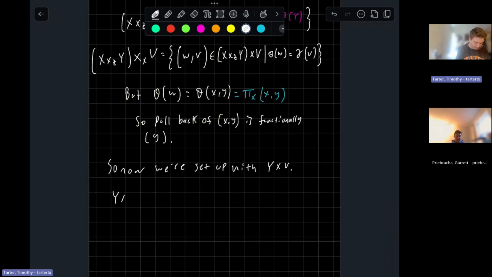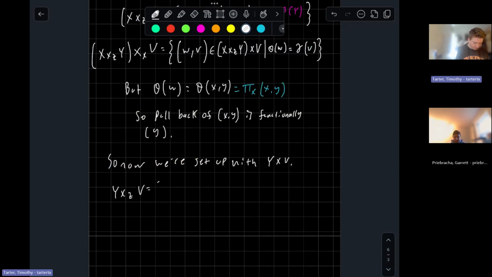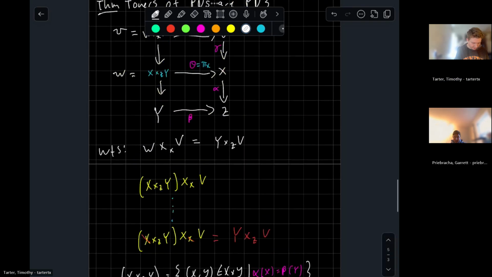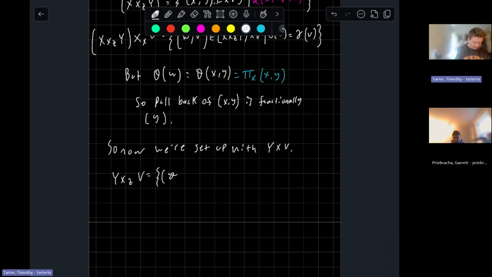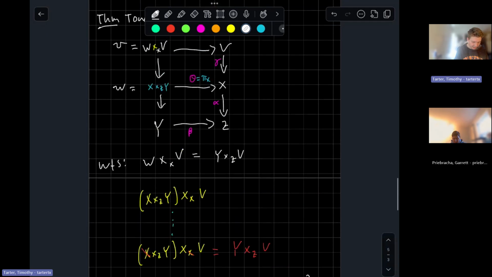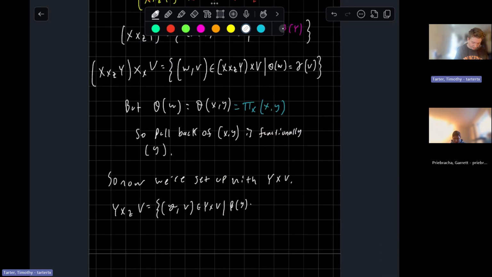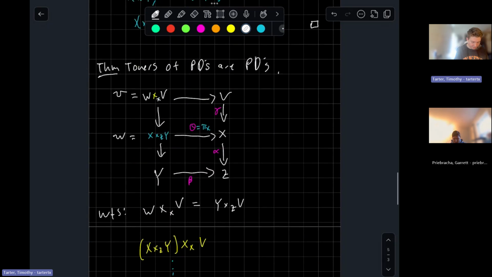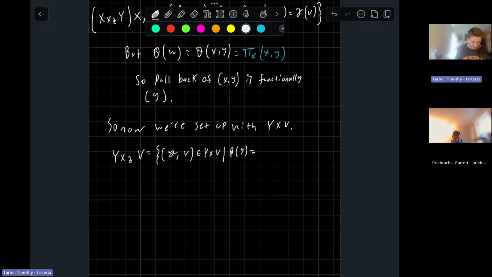So the product of y through z with v is the set of all of the y's, which we're guaranteed to have, comma v's in y product v with beta of y equal to gamma alpha circ gamma of v, but gamma of v is x.